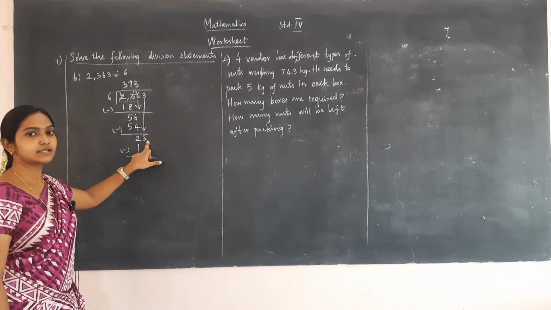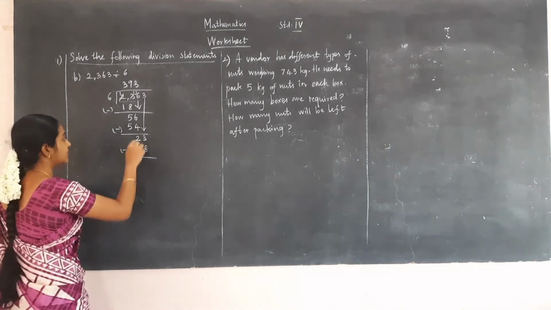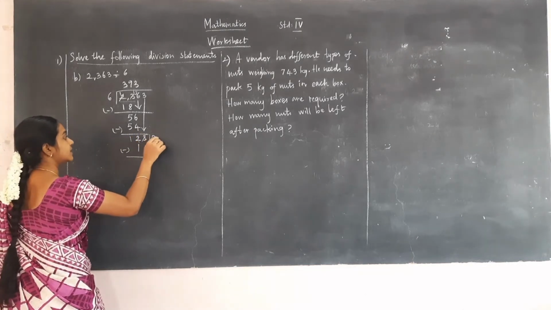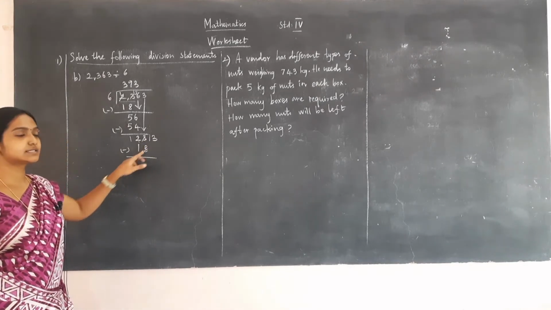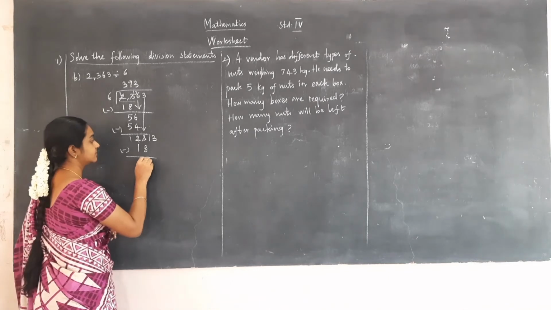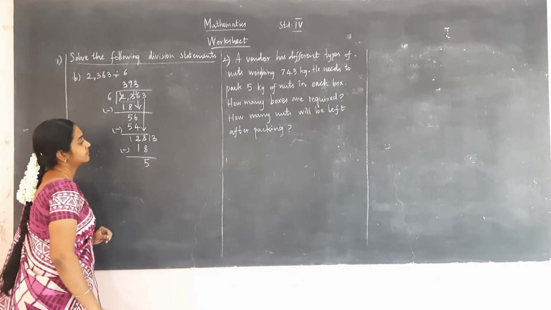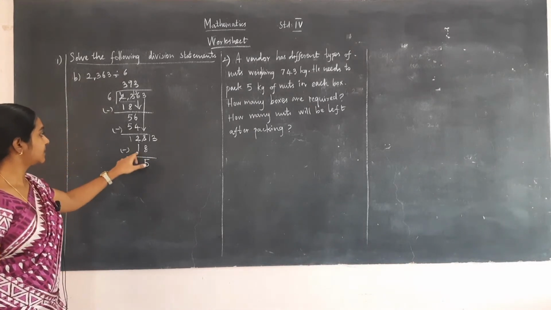8 is greater than 3, so we cannot subtract, so borrow from the before number. So 2 will be changed as 1 and 3 will be changed as 13. 13 minus 8 is 5. 1 minus 1 is 0.